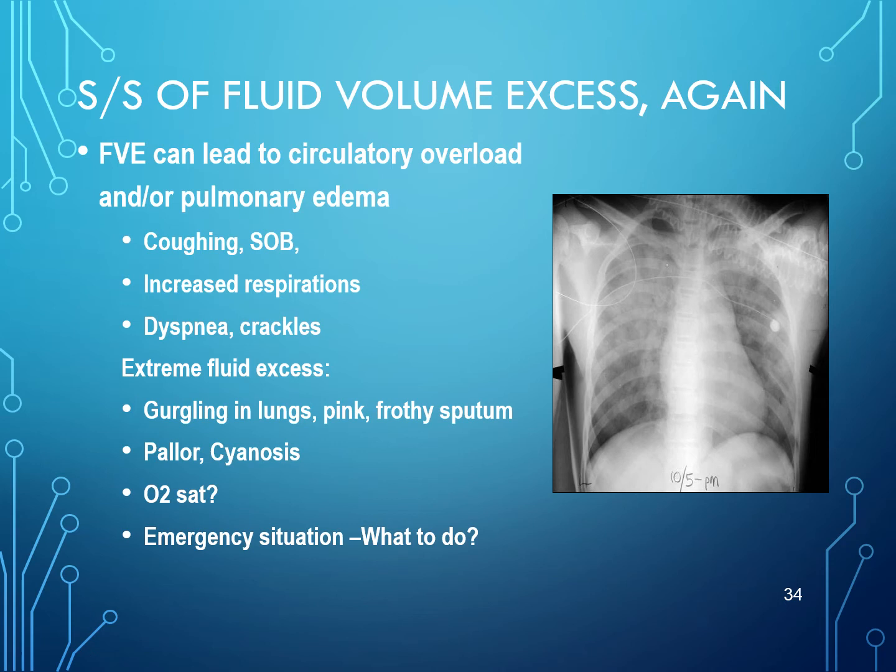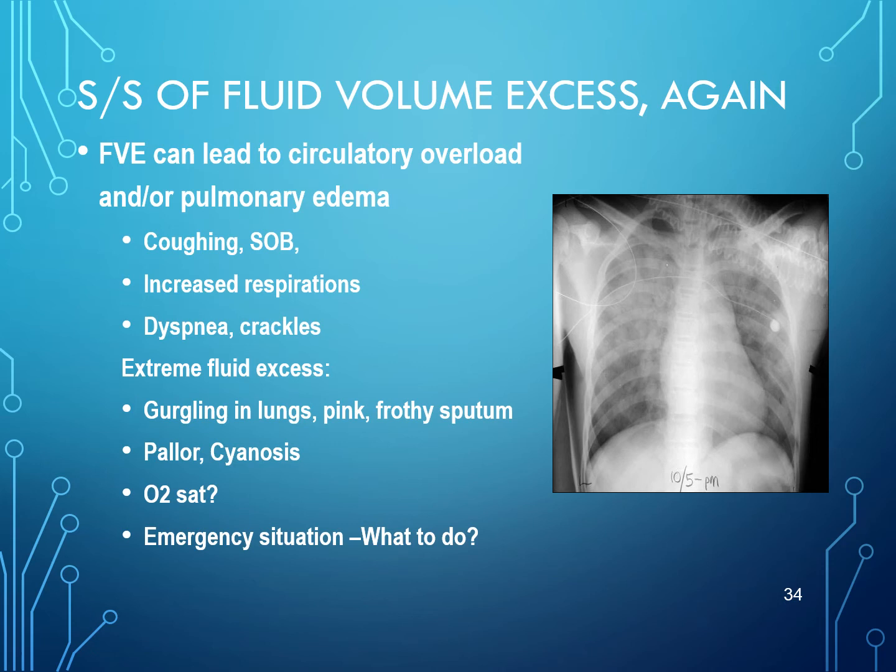The increase in hydrostatic pressure in the heart, in the atria, and the pulmonary circulation forces fluid out into the lungs. It has nowhere else to go, so it starts going into the lungs. So if you are seeing a client with some of these signs and symptoms and they have IV fluid running, one of the first things you're going to do is stop that fluid.